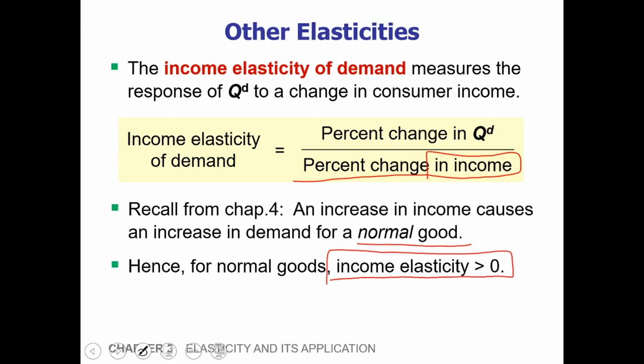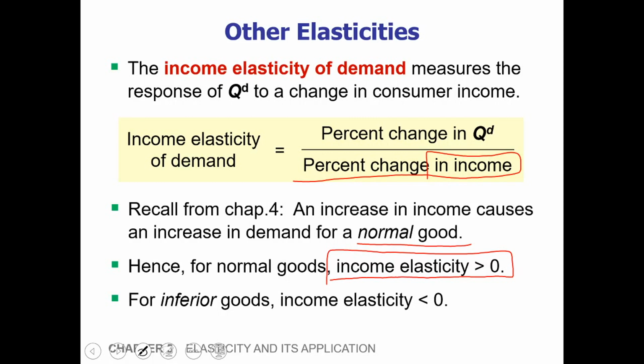On the other hand, we have inferior goods for which your demand decreases as your income increases. For example, if your income increases, you will decrease demand for a small car and you will go for a big car. So in this case, a small car would be an inferior good because your income has increased and now you're going to go for a big car and not a small car. The demand for a small car will decrease.